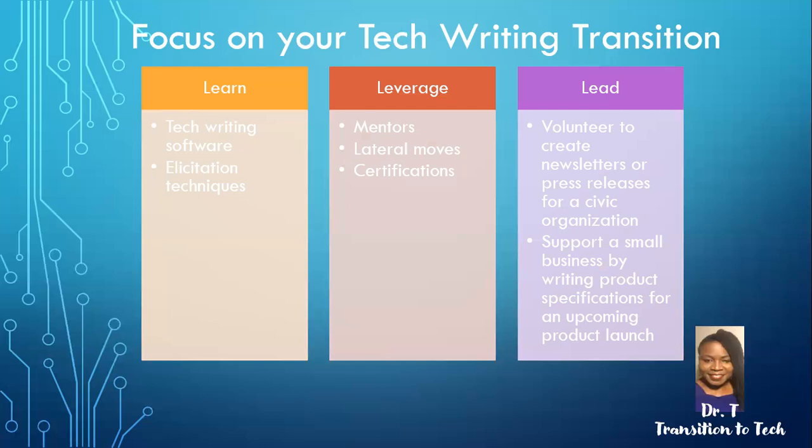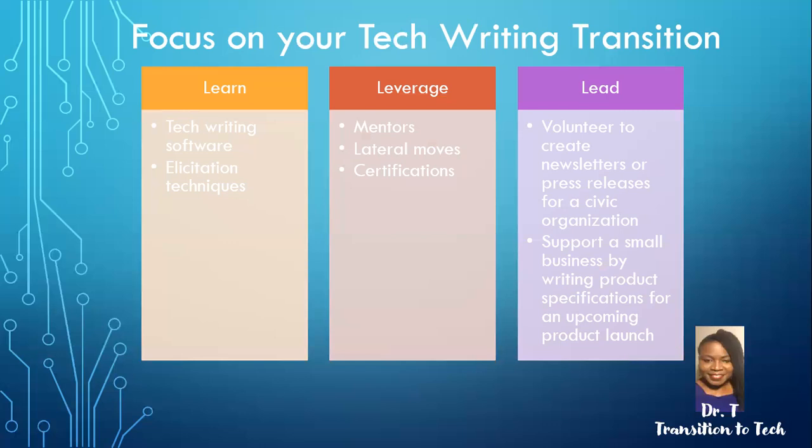That's a great place to find mentors, career information, and certification information for technical communications and technical writing. And then lastly, but not least, looking for ways to volunteer, to get your feet wet and start producing documents and getting feedback.